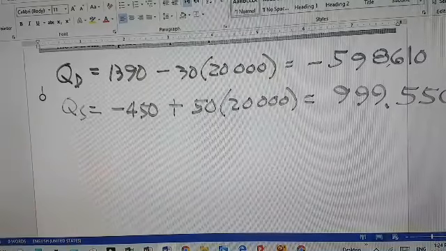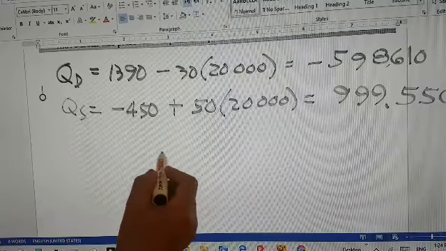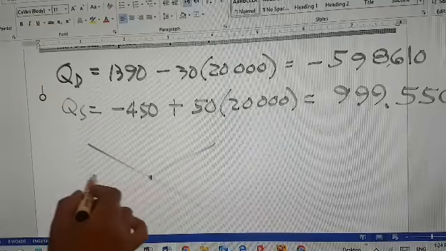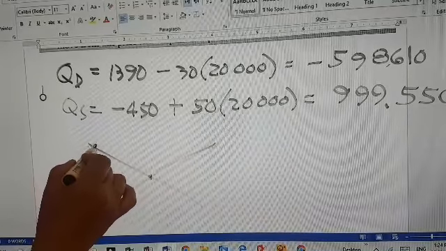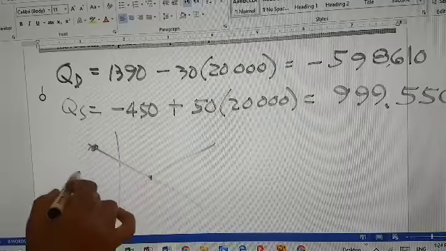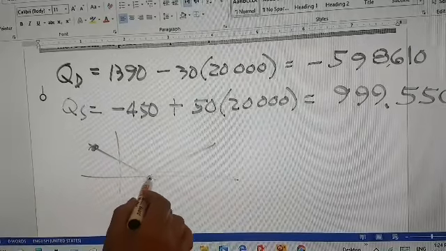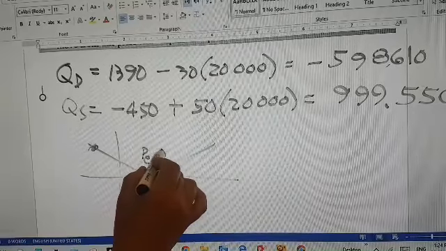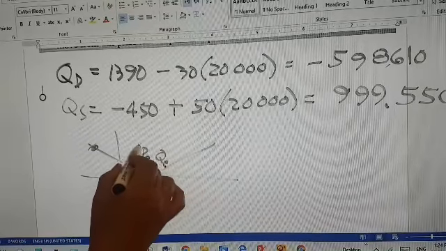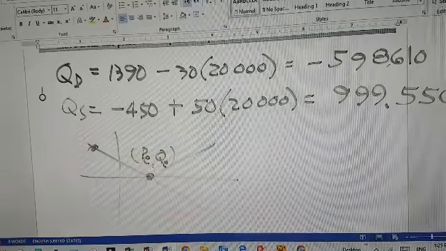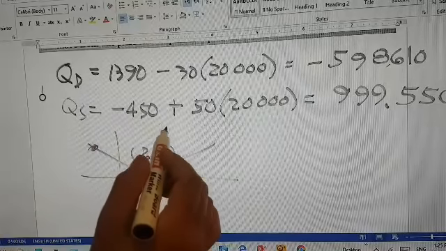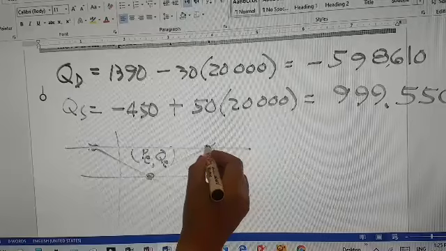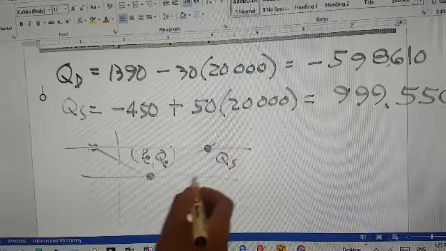All right. Now, if we get the difference, because it's showing that the PE is here and the 20 is here. It's like this. This is the PE and the QE intersection. Now, if we get the difference, for example, this is where the QS is.